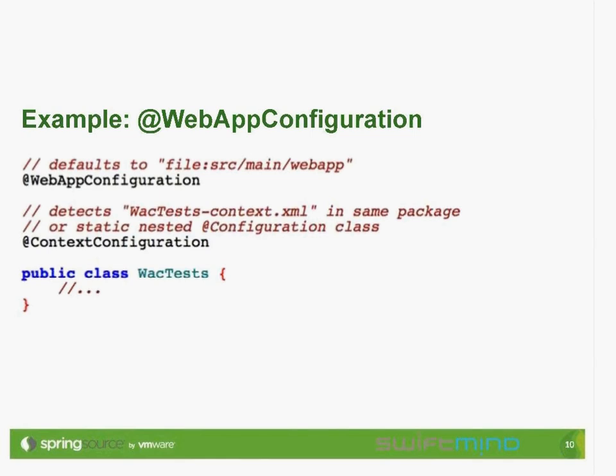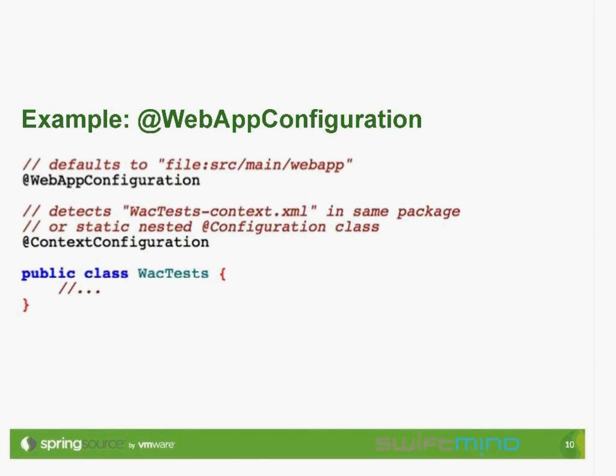In contrast, the @ContextConfiguration annotation will look up things from the class path if it's looking up an XML file. So for example, it could potentially auto-detect a file with the same name as the class, in this case WACTests, and then adding a suffix to it, -context.xml. And this would be searched for in the same package as your test class.